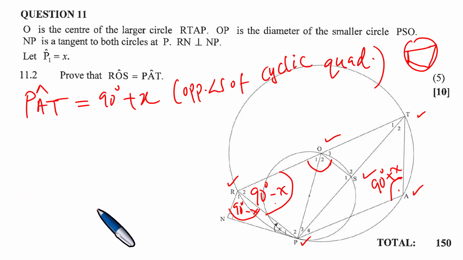What else do we have? There are a couple of things that we need to consider here, and it is the fact that the angle S2, this one here, is equal to 90 degrees.